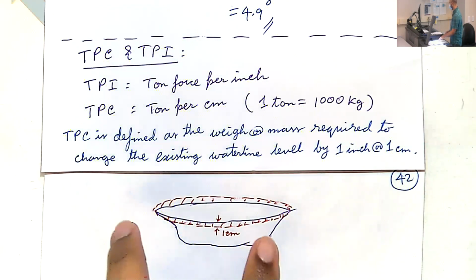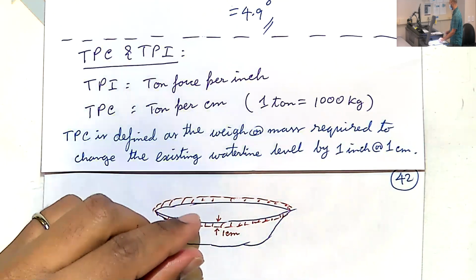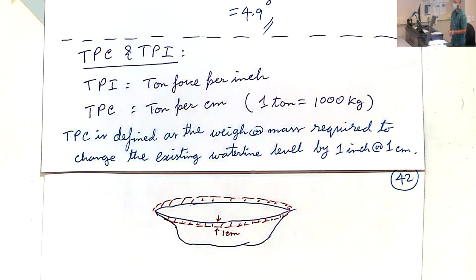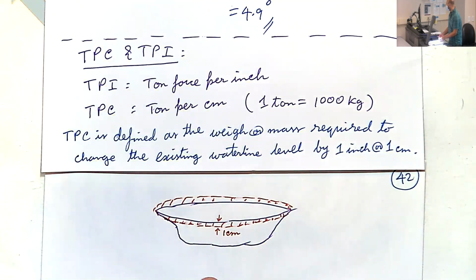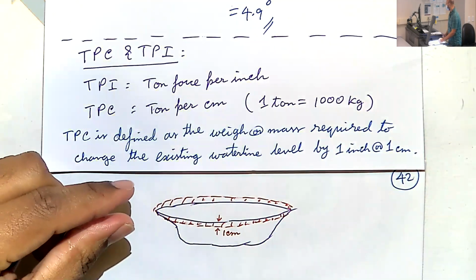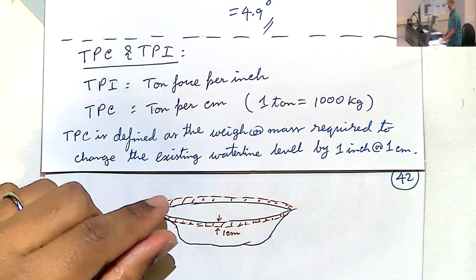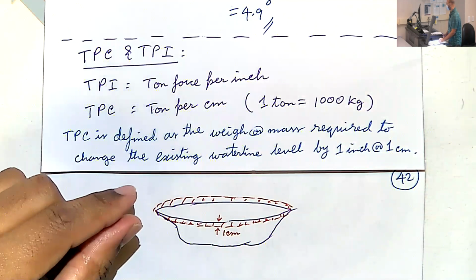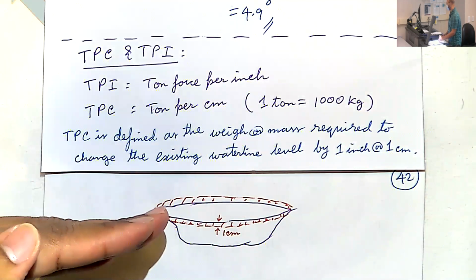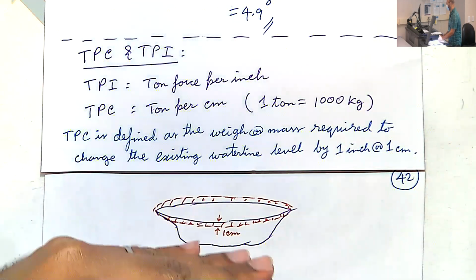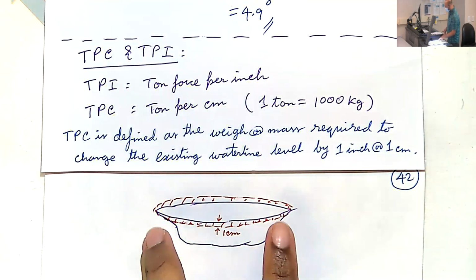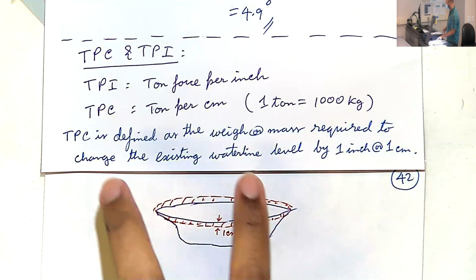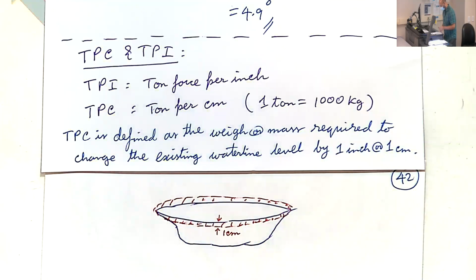If you know the cross-sectional area, you just multiply that by 1 centimeter. Of course, since the cross-sectional area keeps changing, that will not be the exact volume. But for very small changes, the difference between the cross-section on top and at the new waterline will be very small. So we can assume the cross-sectional area is the same before and after immersion.